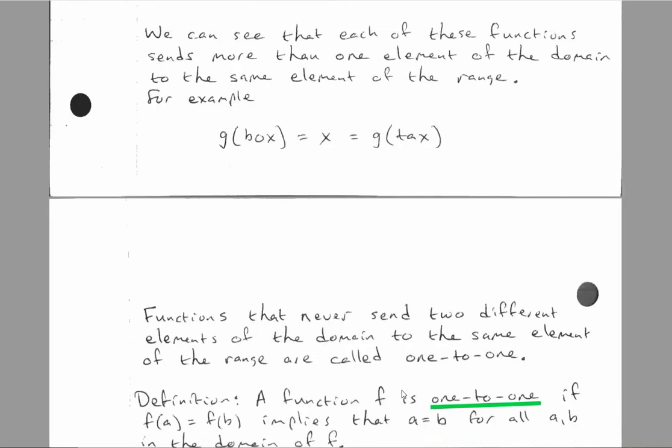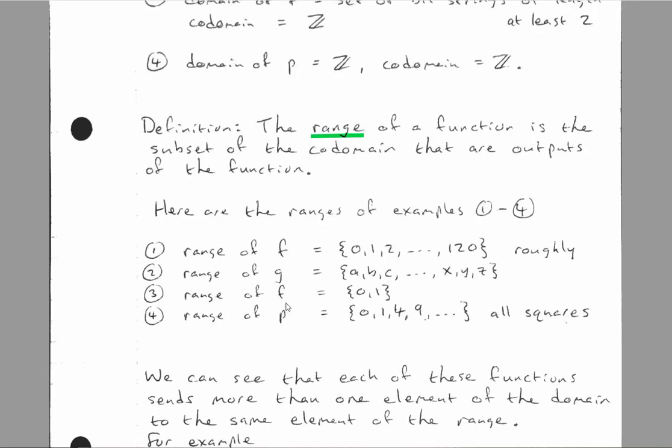Going back to our examples one last time, for this first one, if the codomain is the set of integers, then we're not hitting every integer, so f is not onto. For G, looking at the last letter of each word, this is onto, so every letter in the alphabet gets hit.